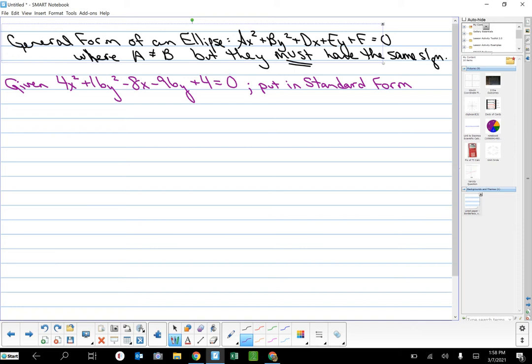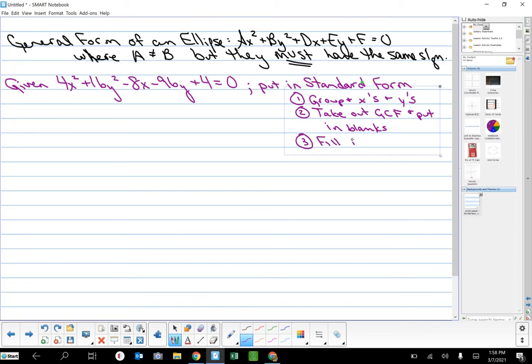All right, so we're going to do this exactly the same way we did with a circle. We are going to, 1, group our x's and y's. Then 2, we're going to take out the GCF and put in blanks. 3, we're going to fill in the blanks.